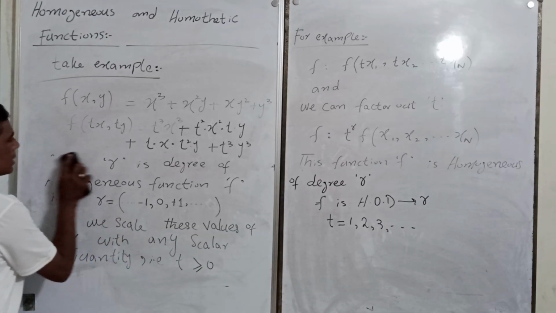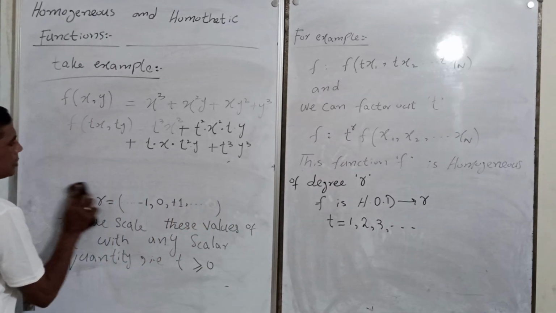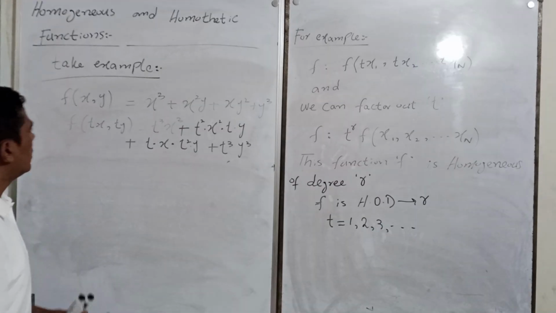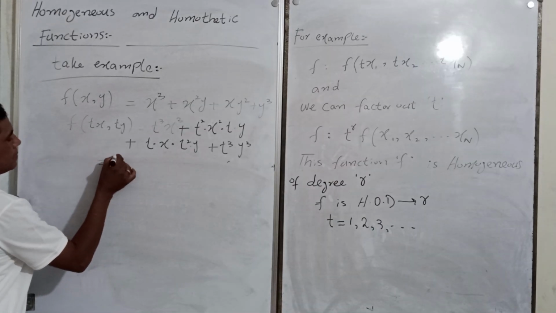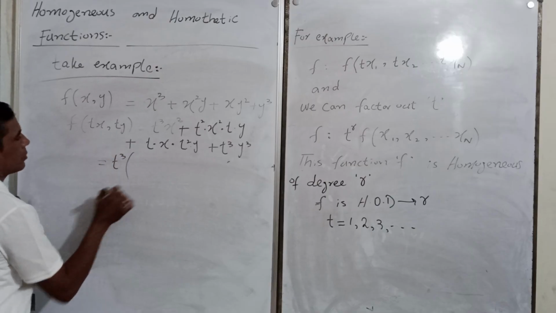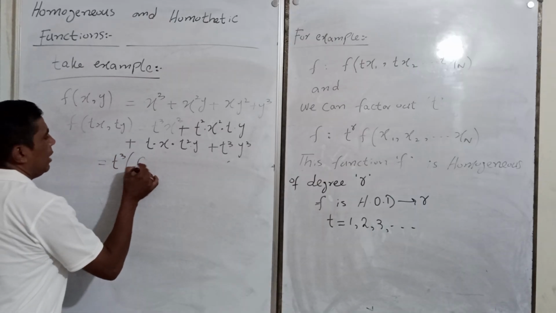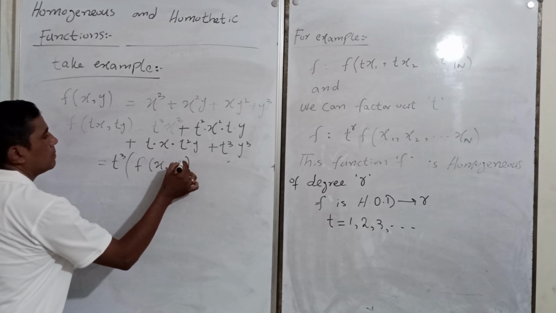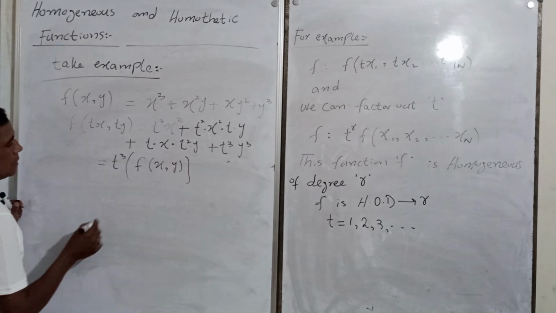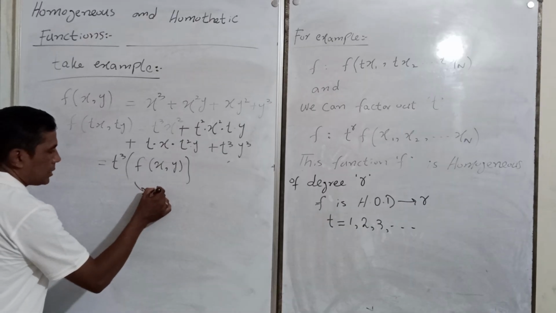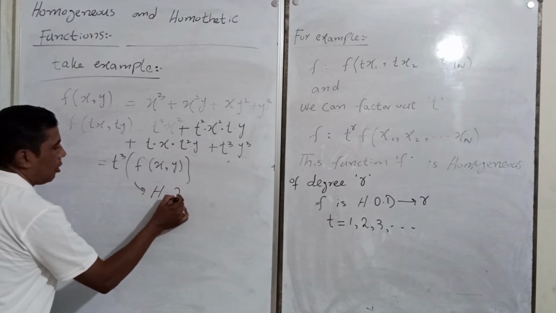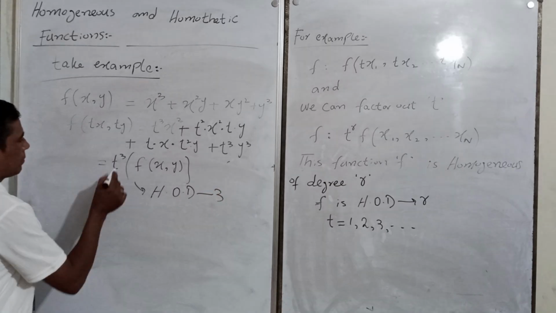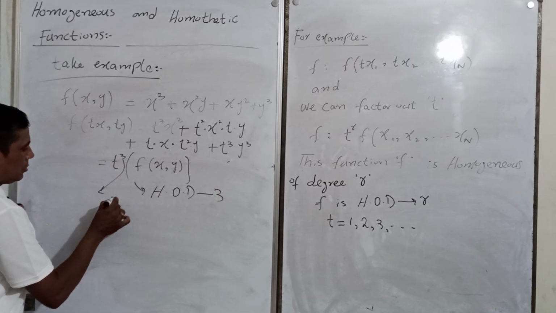So in this example we can factor out t to the power 3, and you have a function of f(x, y). So this function is homogeneous of degree 3. This is equal to r.